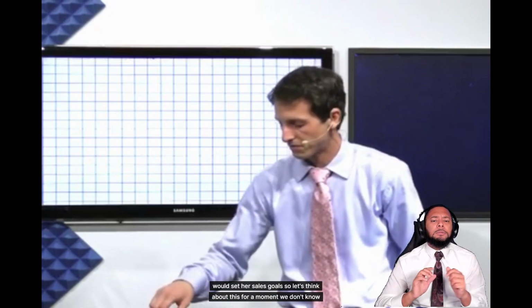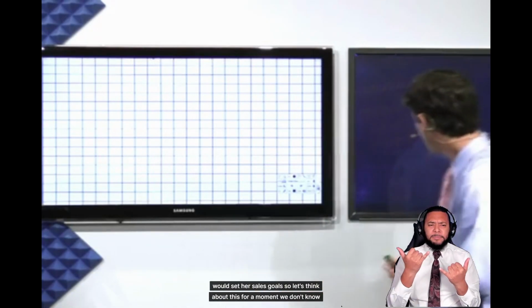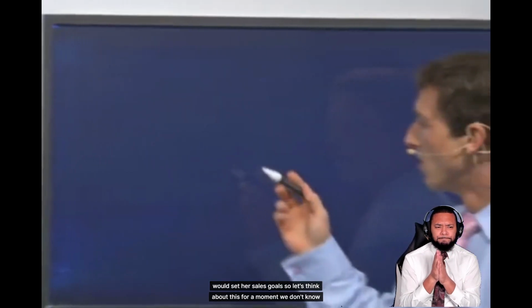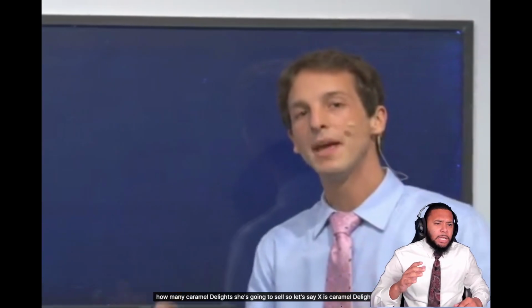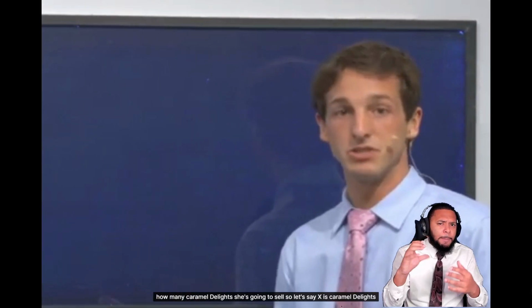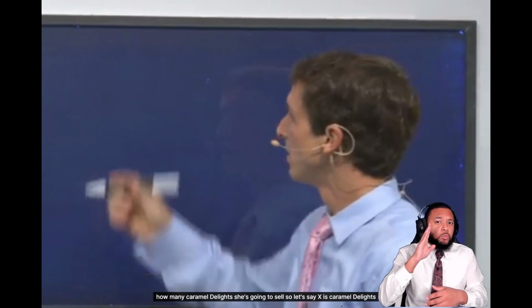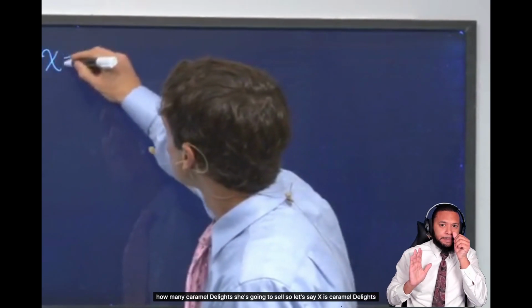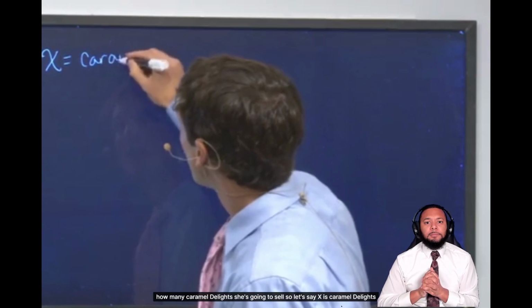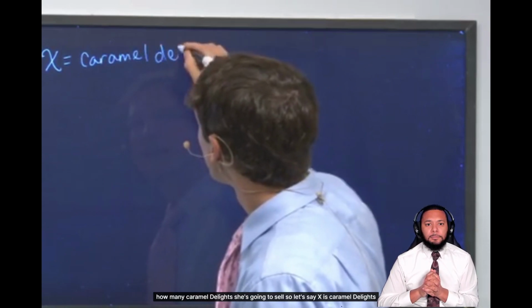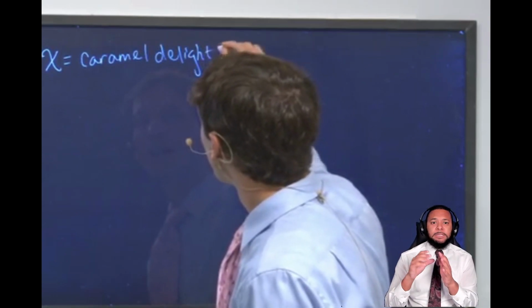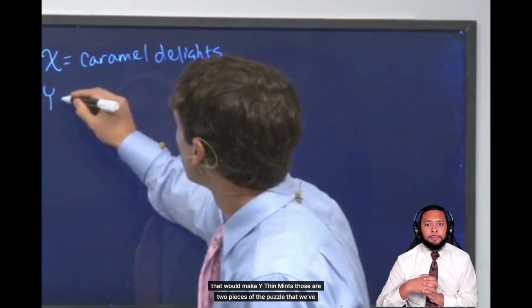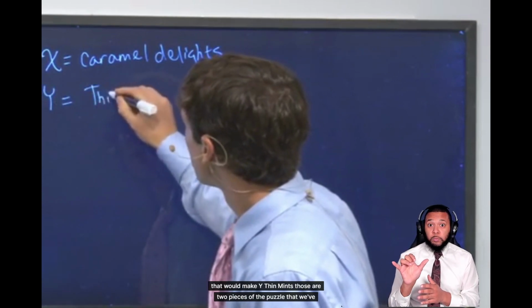So let's think about this for a moment. We don't know how many Caramel Delights she's going to sell. So let's say X is Caramel Delights. That would make Y Thin Mints.